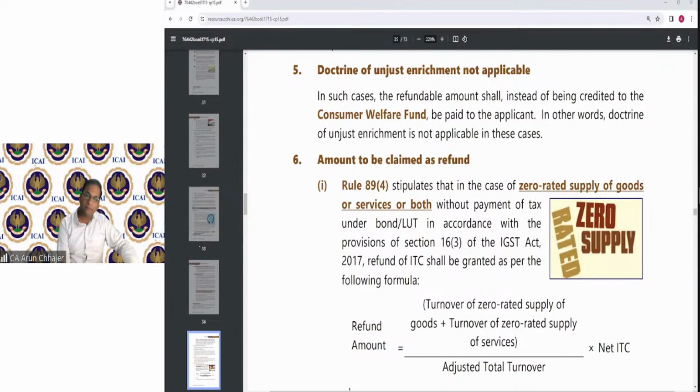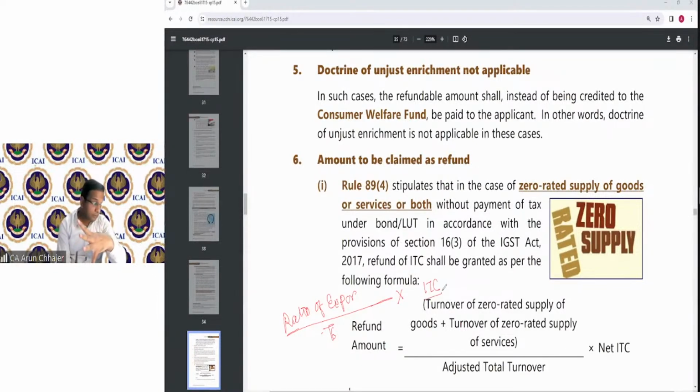They are basically calculating the ratio of export. They are calculating the ratio of export sale divided by total sale. So it will be some percentage, and they are multiplying it with ITC.